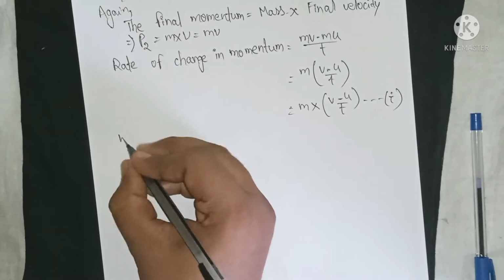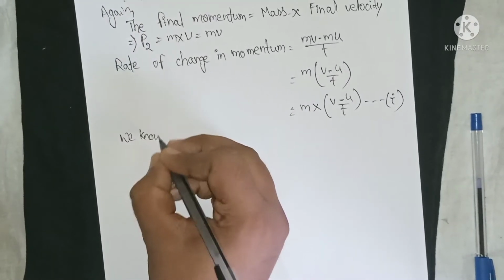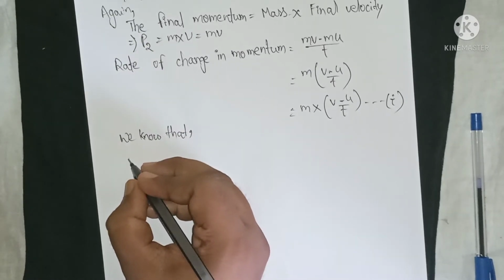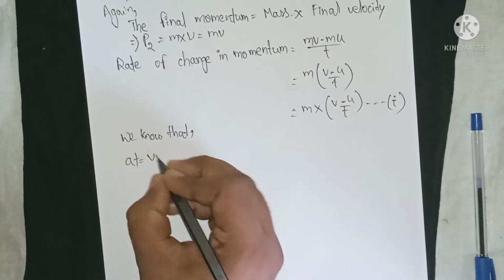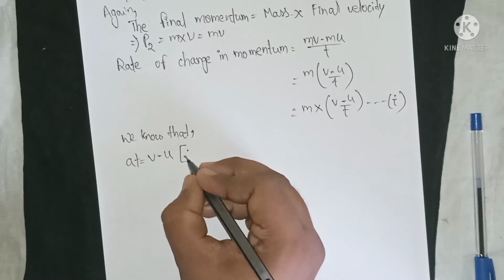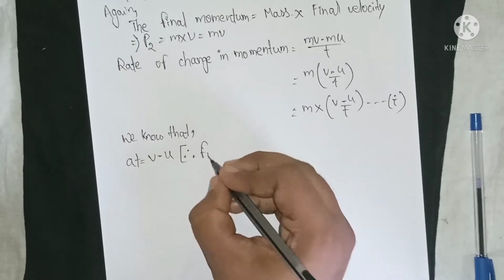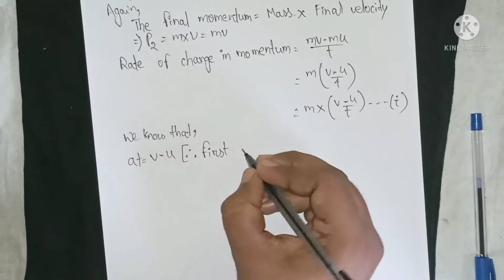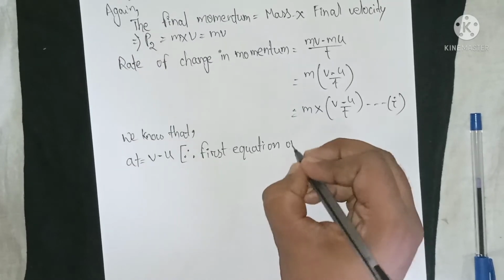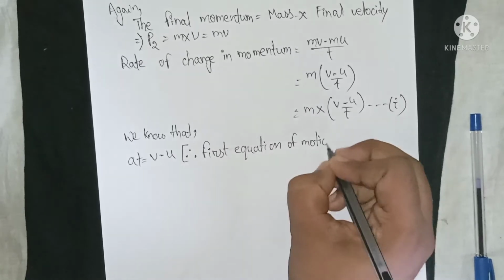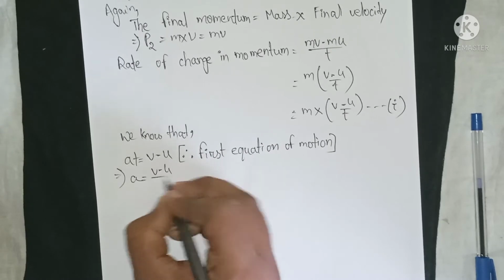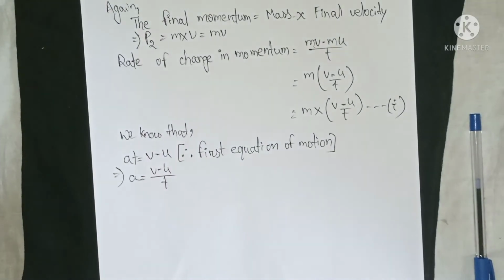So let's continue. We know that at is equal to v minus u, and that's the first equation of motion from the motion chapter. So a is equal to (v minus u) by t. That's the formula.